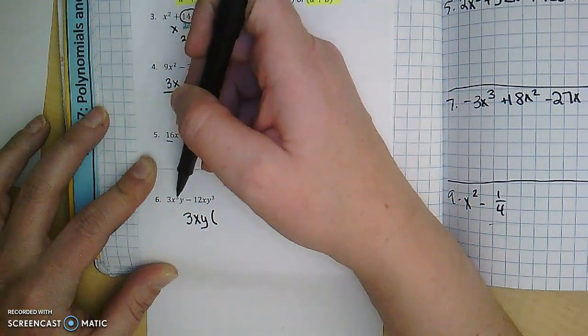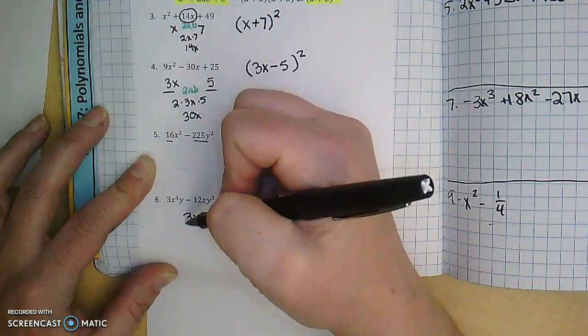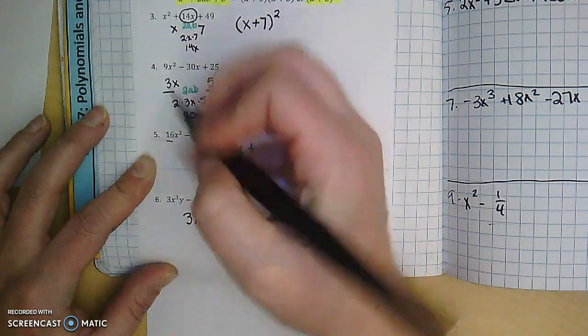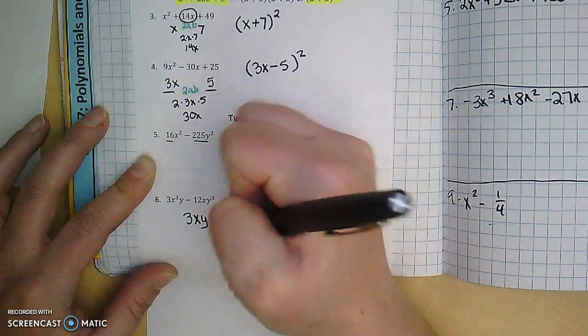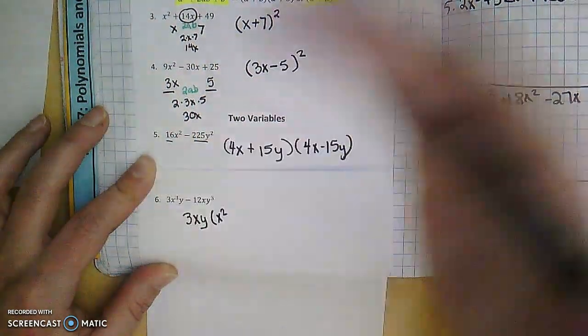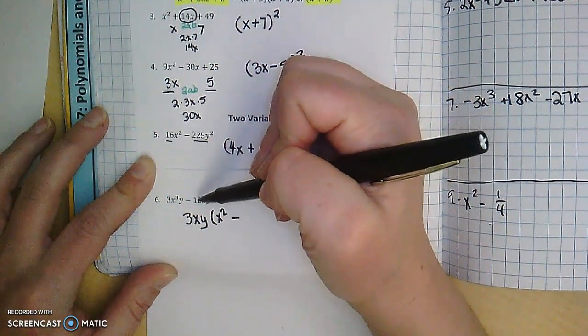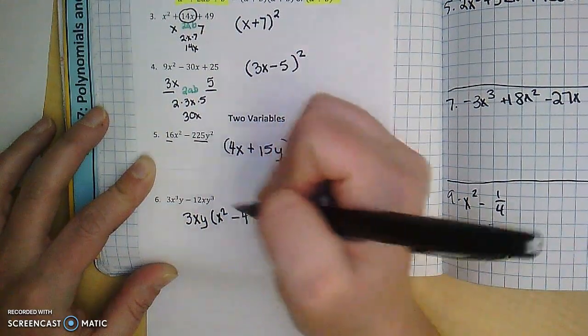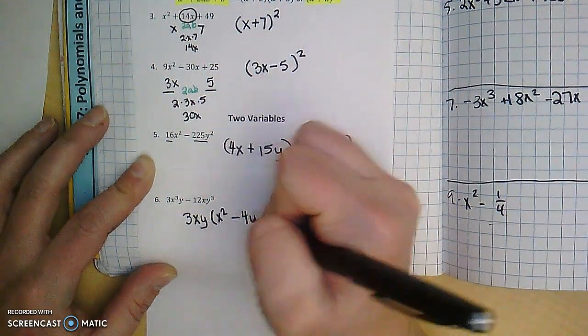If I divide 3x cubed y by the common factor, I'm left with x squared, because 3 divided by 3 cancels out, x cubed divided by x leaves x squared, and y divided by y cancels out. The second piece will do the exact same thing. 12 divided by 3 is 4, x divided by x cancels, and y cubed divided by y is y squared.